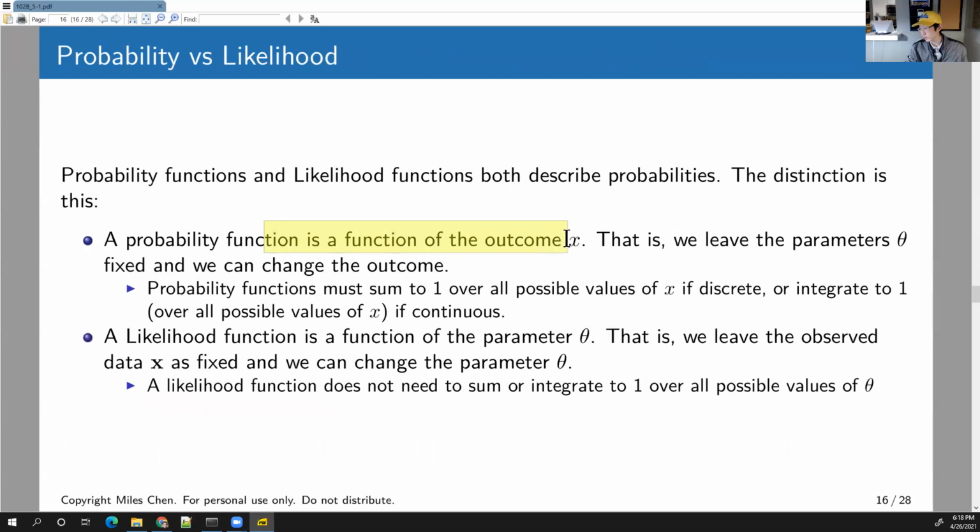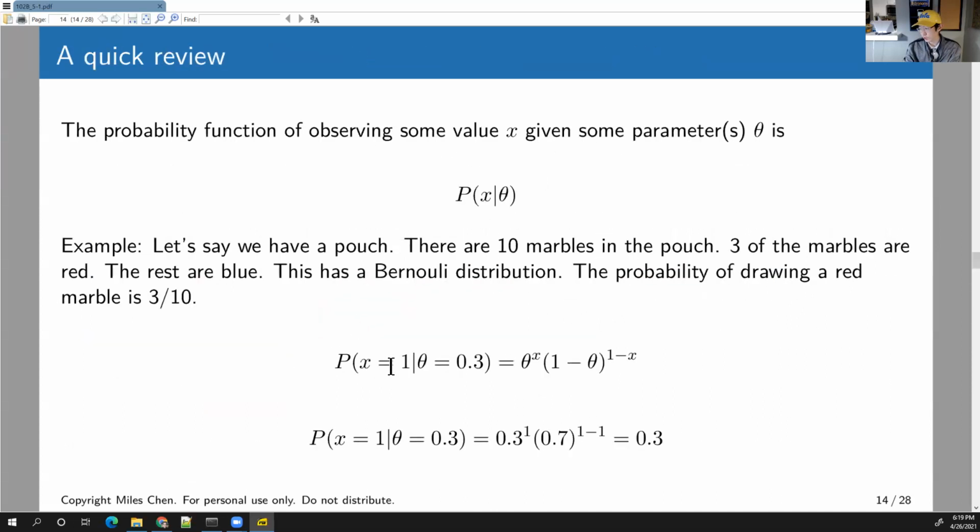That's the probability function, and we leave the parameter theta as fixed, and we can change the outcome x. Therefore, probability functions have to sum to 1 over all possible values of x, and integrate to 1 if values of x are continuous. If we look at this function, when x equals 1, we get 0.3, and when x equals 0, we get 0.7, and those two values add up to 1.